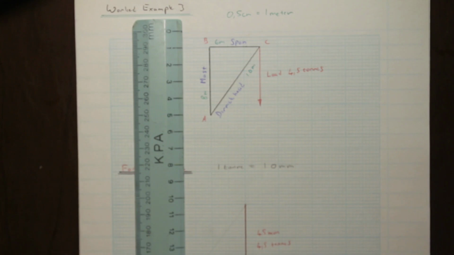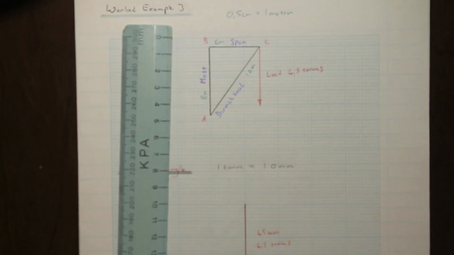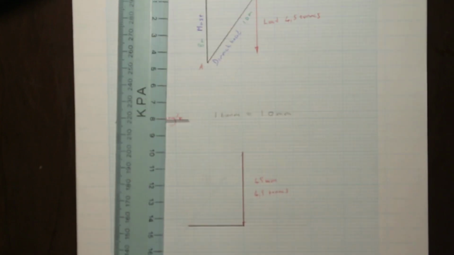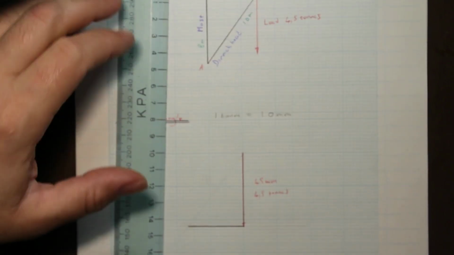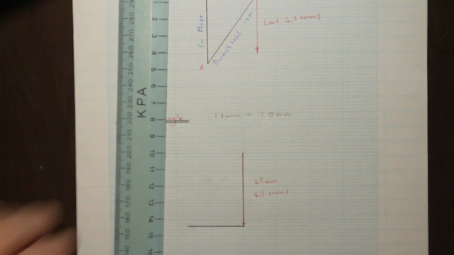Okay, and then I'm going to draw a line. I've already done it darker there for you, so you can see it. And then the derrick head. Let's see the derrick head.